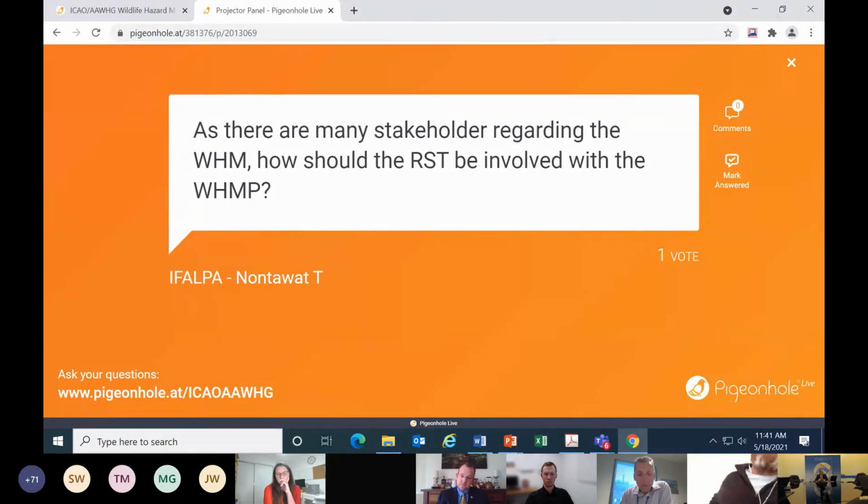So it's an opportunity to present that to a number of the stakeholders like the airlines and ATC, to get their input and insight into what we're seeing from an aerodrome operator's point of view in terms of wildlife, and also seek feedback from them on what actions we could take to assist them.